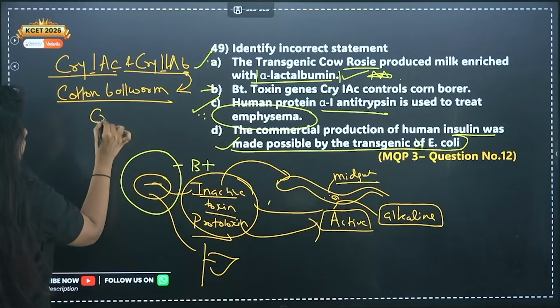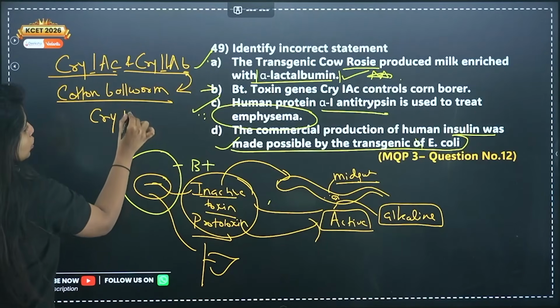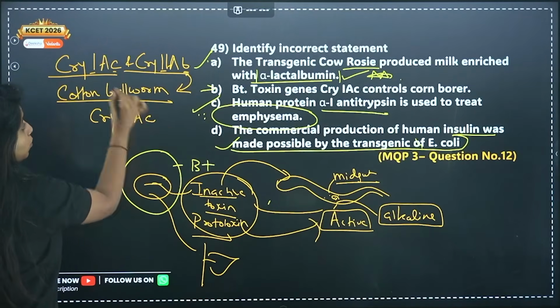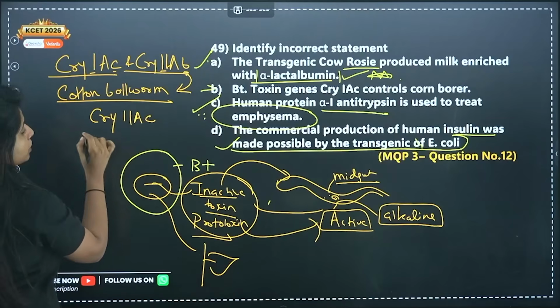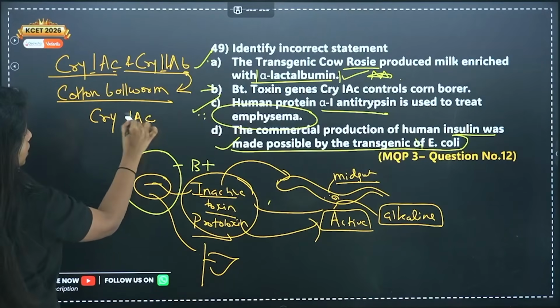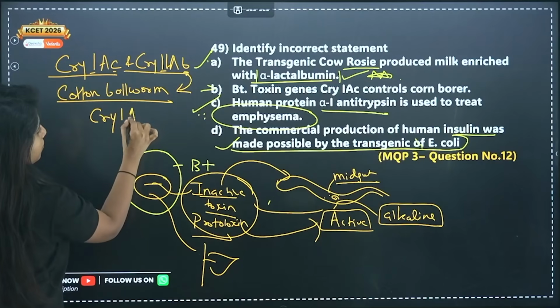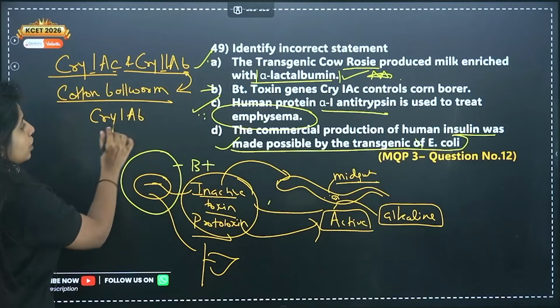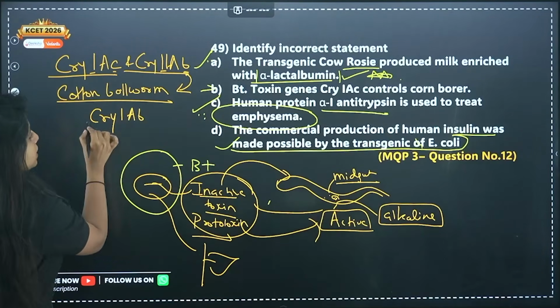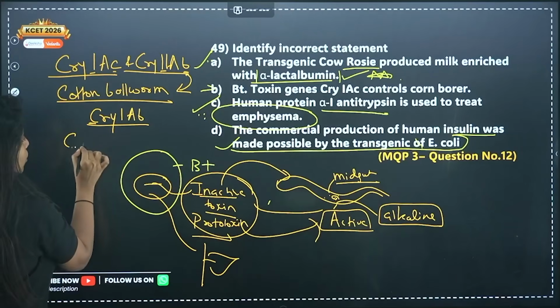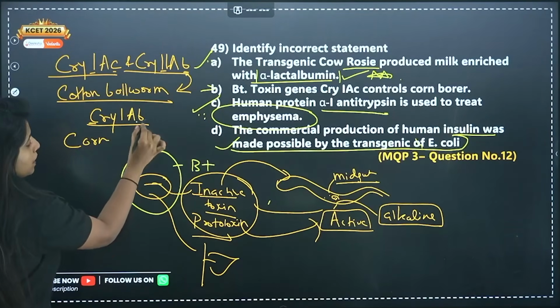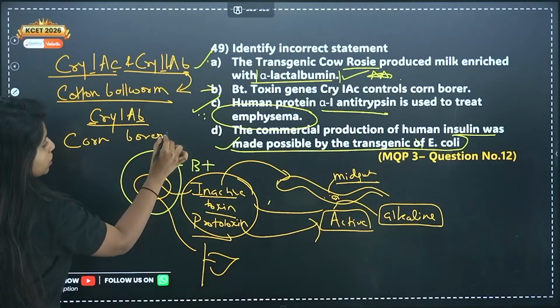Whereas Cry2AC, now it was 1AC, now it is, not 2AC, sorry, I'm so sorry. Cry1AB, we here use 2AB, right? So now we are going to use 1AB. This is for C for corn and B for borers. This is for corn borers.